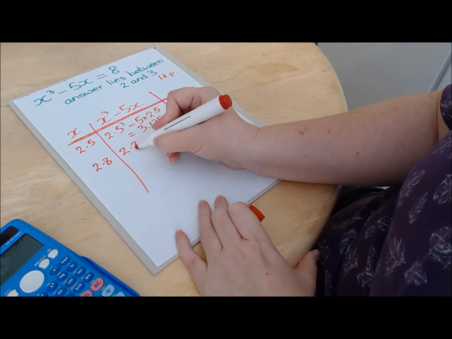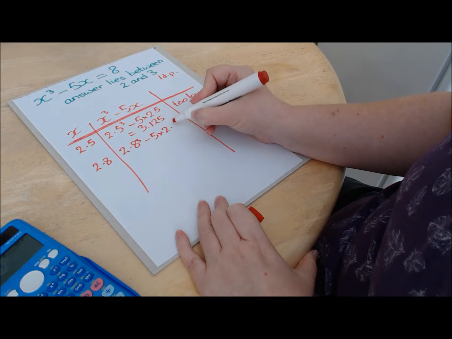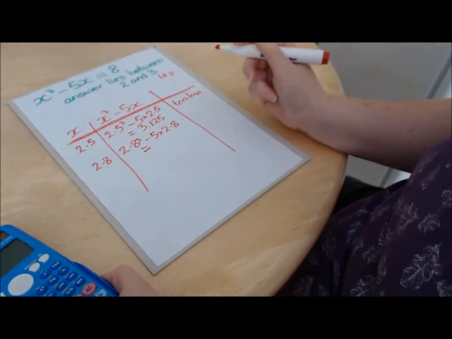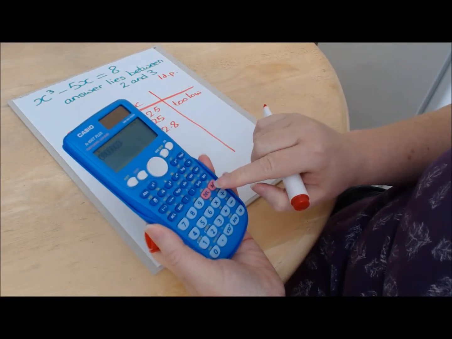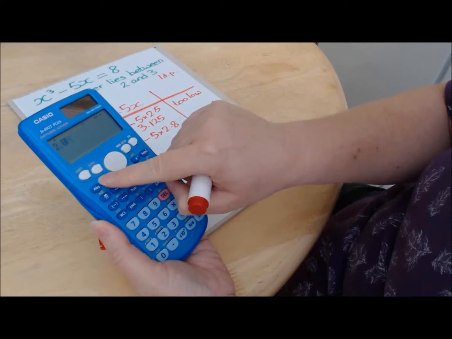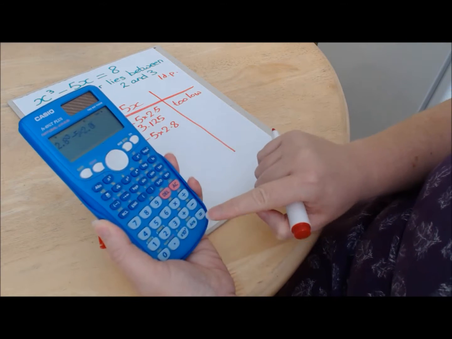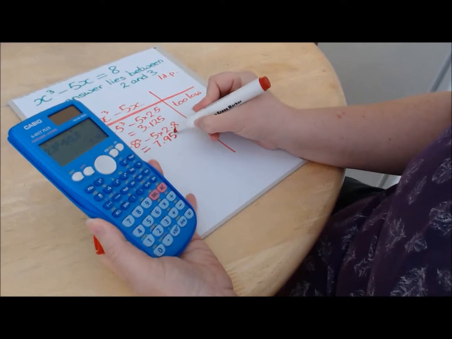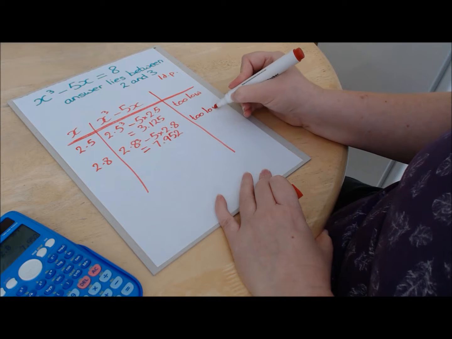So 2.8 cubed minus 5 times 2.8. Okay, whoops, sorry. Right, so 2.8 cubed minus 5 times 2.8 equals 7.952. So that's still too low, but it's very close.